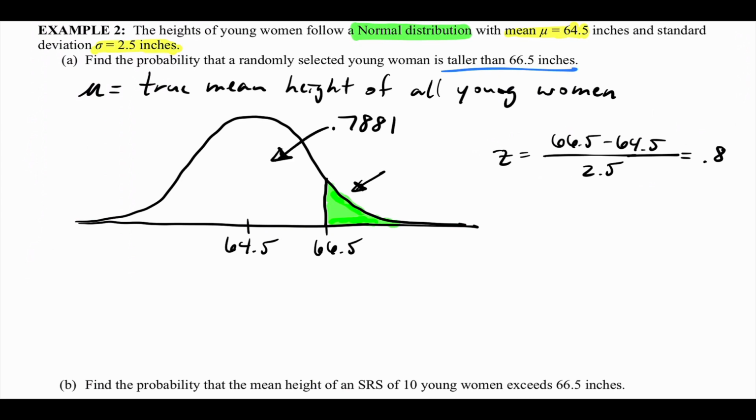The non-shaded, good. Anything from the table is shaded to the left. That's not the side I want. So I go 1 minus 0.7881, and you get 0.2119.